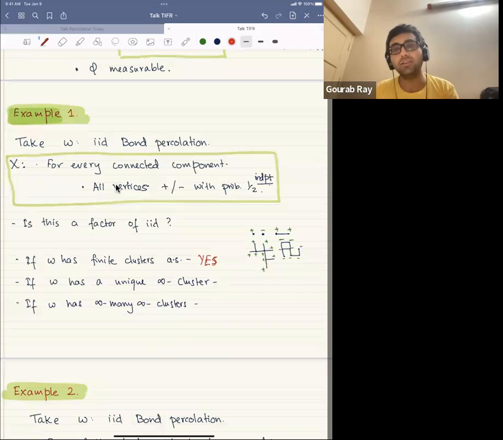Or in other words, you are uniformly picking one vertex from your finite cluster and just assigning the cluster the sign of the uniform vertex. And I just described to you how to select the uniform vertex on a finite cluster as a factor by assigning, let's say, uniform 0,1 on each vertex and looking at the highest value. So that's one way to select a uniform point from a finite cluster.